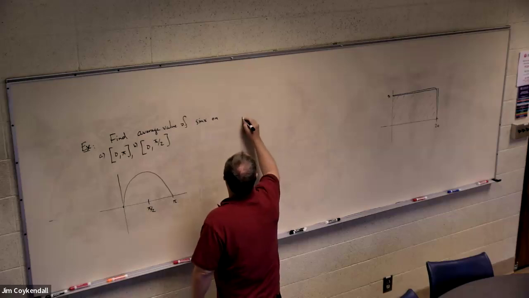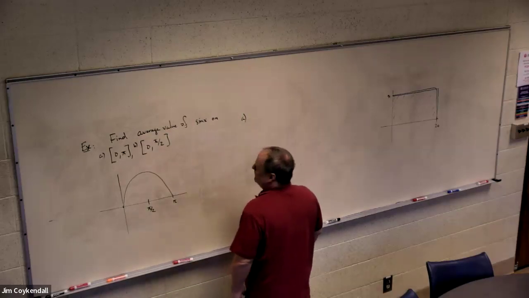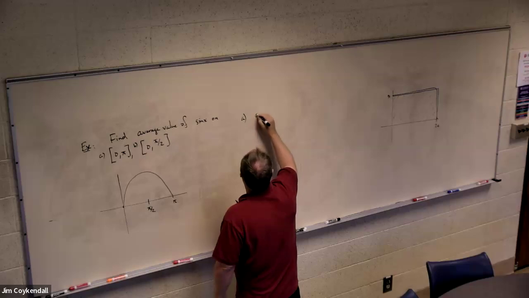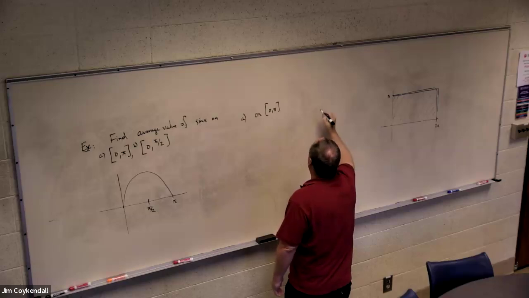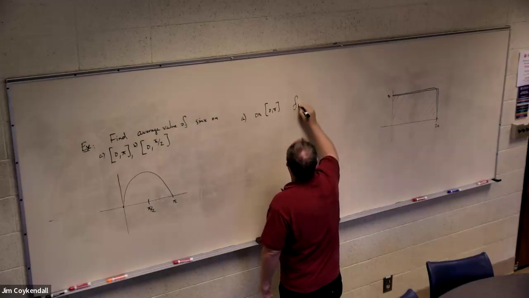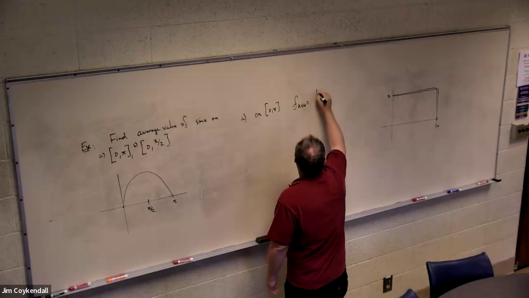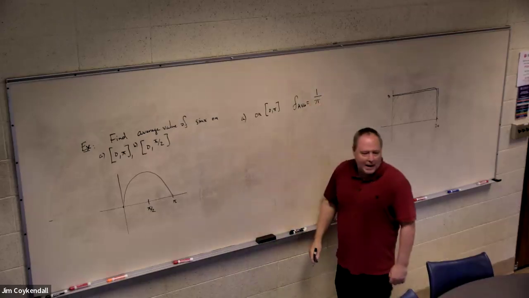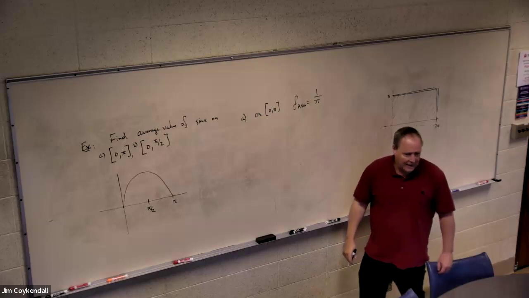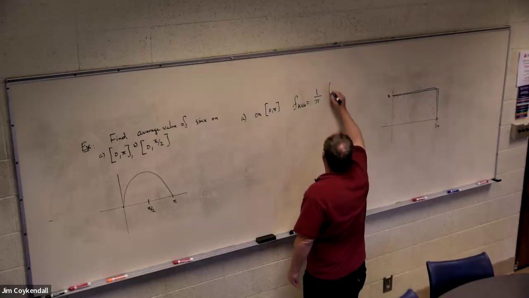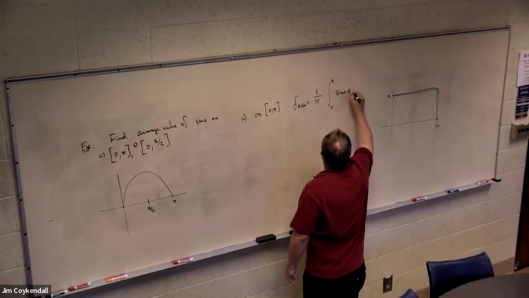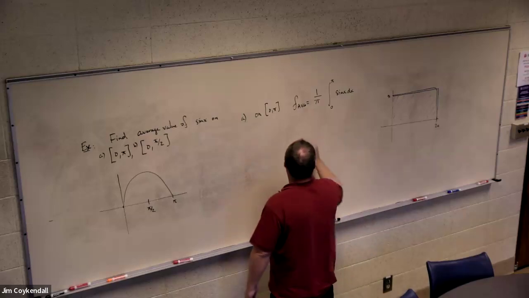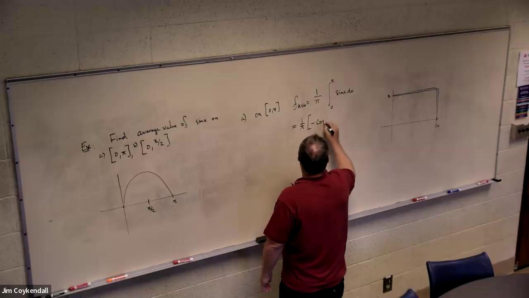Part A: the average value is 1 over pi, the length of the input, times the integral from 0 to pi of sin x, which is 1 over pi times minus cosine x.